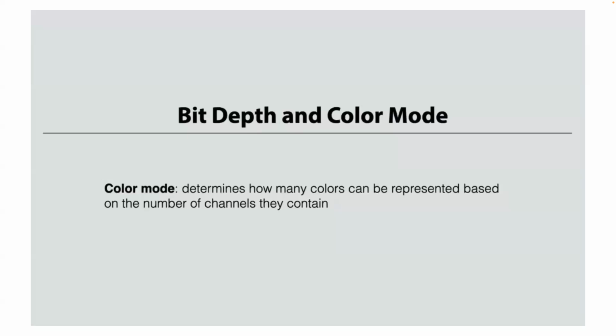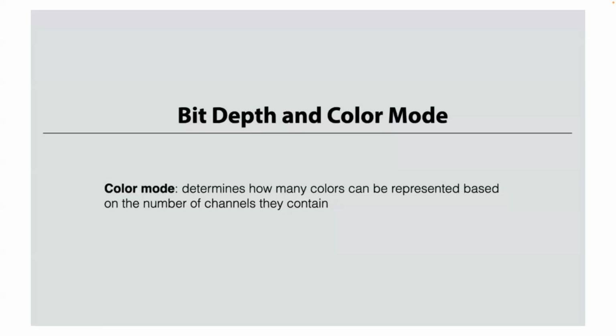Okay, so bit depth and color mode kind of go together. Color mode determines how many colors can be represented based on the number of channels they contain. All the colors in this. Oh boy, you went 16-bit. There's 16-bit.